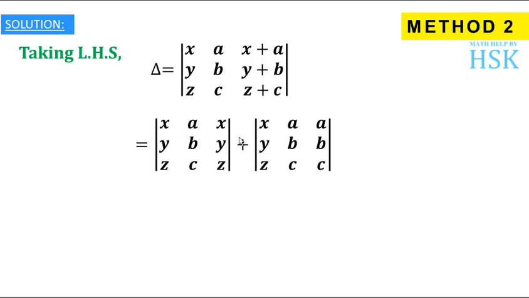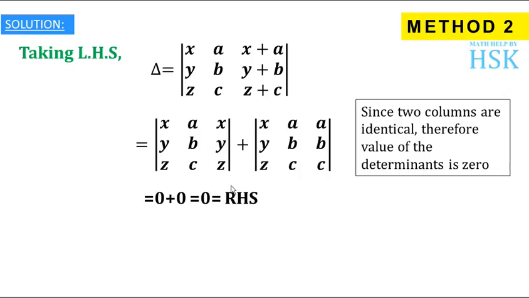The first determinant has the same column 1, column 2, but it has the first terms as column C3, and the second determinant has the same column 1, same column 2 and the second terms as column C3. Here columns C1 and C3 are identical, so this will be equal to 0. And in this determinant also, columns C2 and C3 are identical, therefore this determinant will also be equal to 0. Because both the determinants are equal to 0, this is equal to RHS, and this proves the equation.